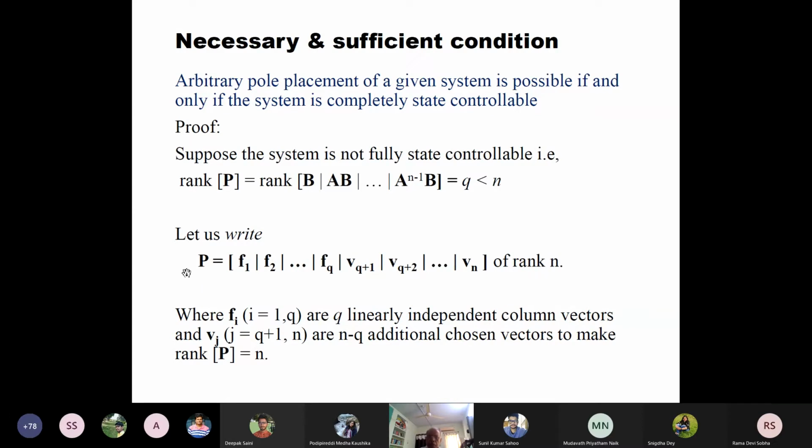Then we augment these column vectors with v(q+1) to vn, the n minus q linearly independent column vectors, so that the rank of P will become n.